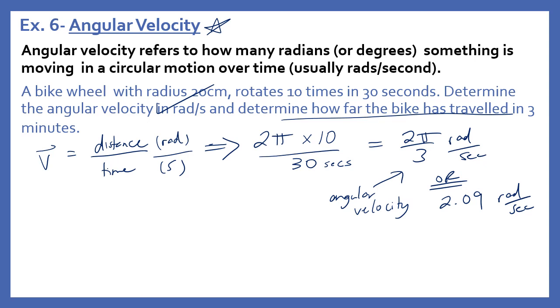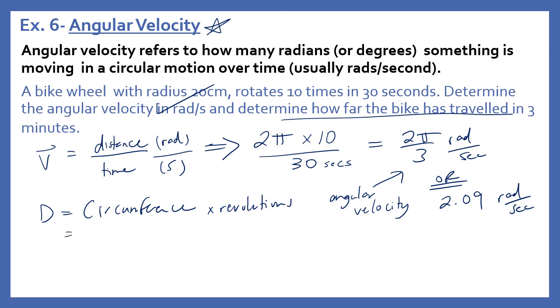So distance around a wheel, that's circumference. As the wheel touches the ground, it's moving forward, right? If you were to cut the outside of the tire and lay it flat, that length is how far each revolution of your tire travels as you're moving forward. So it's the circumference of your wheel times how many revolutions you do.